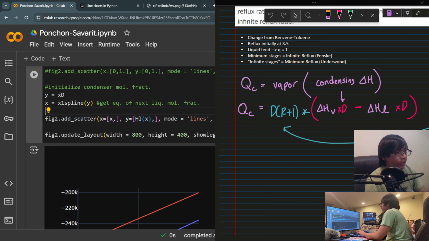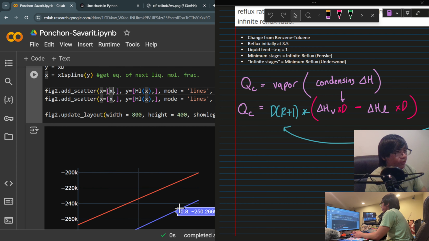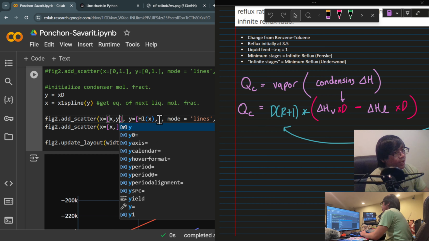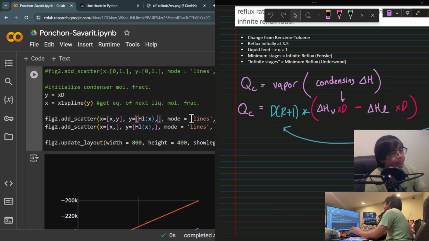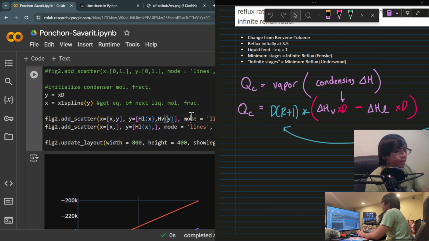So I'll call it the MEV point, since it's a mass energy balance that we're doing the intersection of. So B is balance, so MEV line, and this will be the tie line. So we're still doing the same point, this liquid mole fraction, and then interpolating that on the enthalpy line for the liquid, and then we connect that to the vapor coming up. So that was HVY.